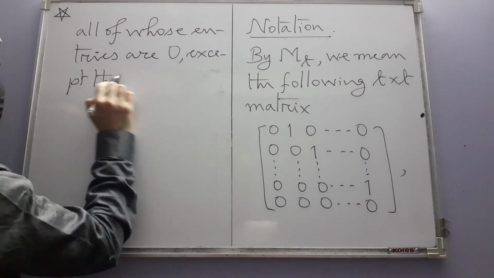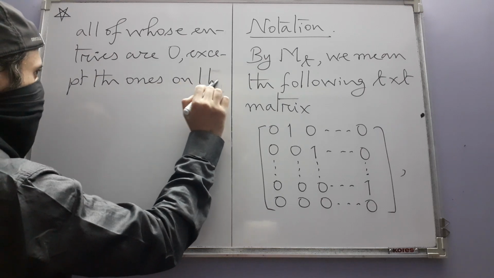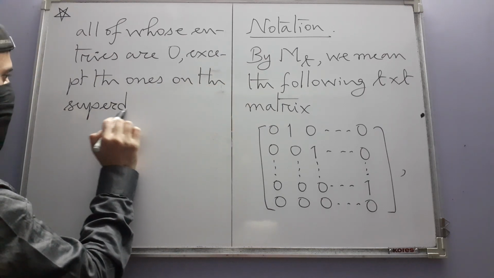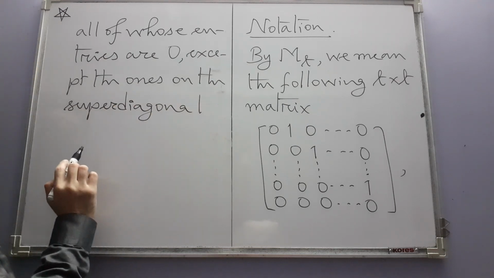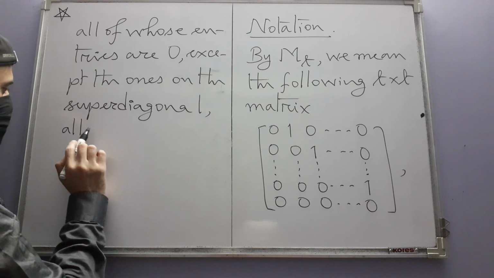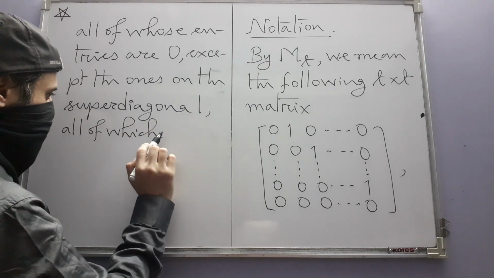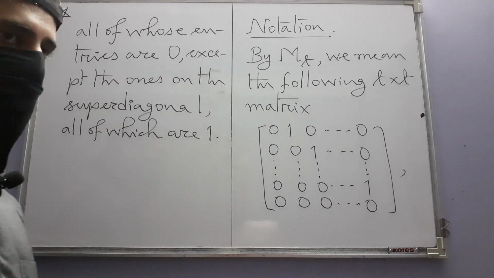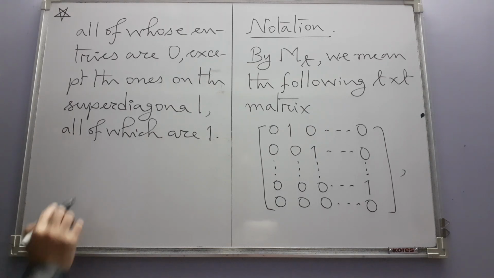Except the ones on the super diagonal, all of which are 1. Let me give you one specific example, then you will understand.